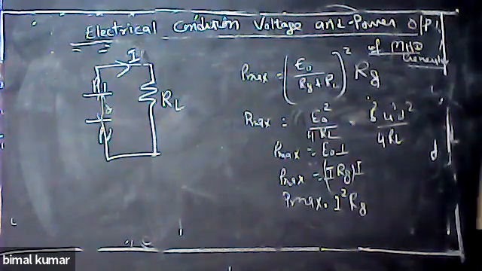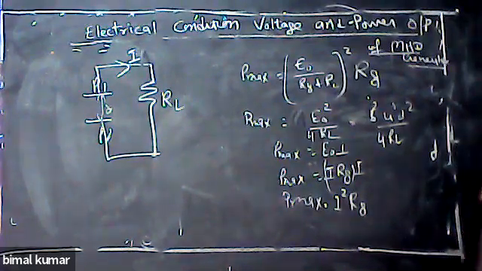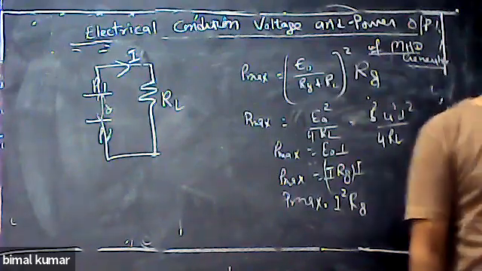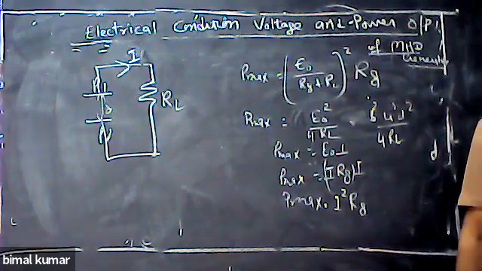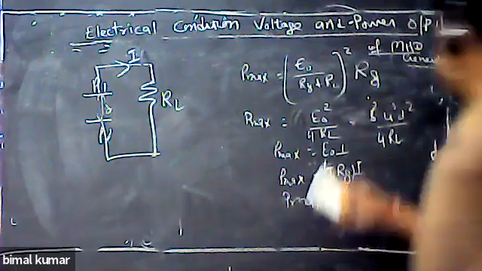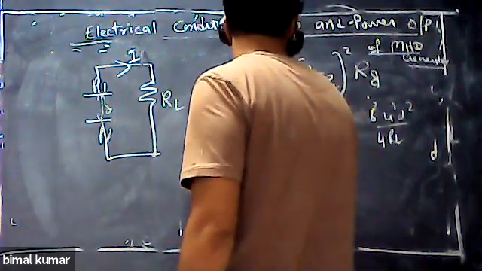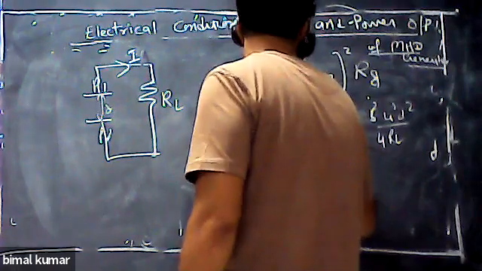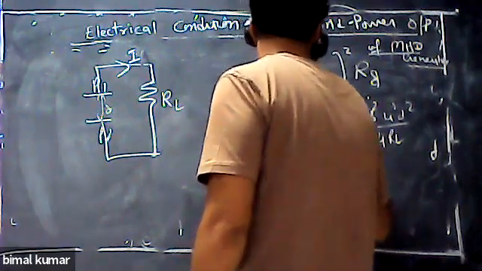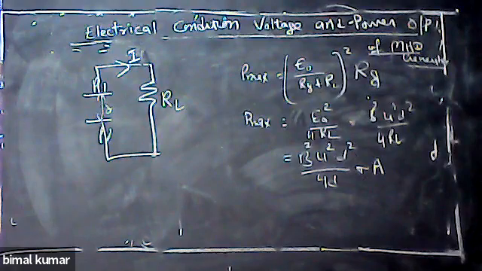If required, we may calculate this equation in terms of D, sigma and A. In place of Rg or RL, I will substitute D upon sigma A. So your equation will become B square U square D square upon 4d into sigma A, where sigma is the gas conductivity and A is the area of cross section of the plates, right?